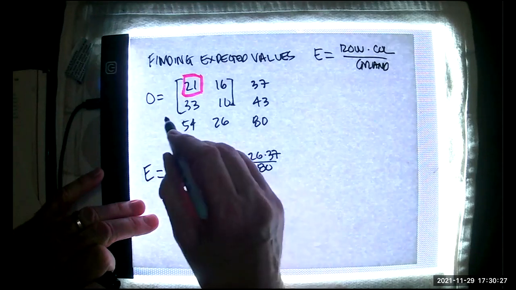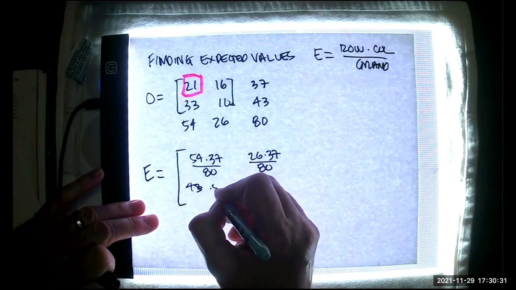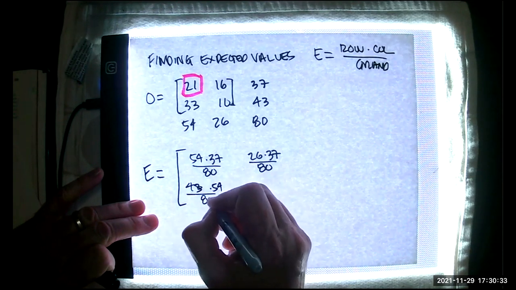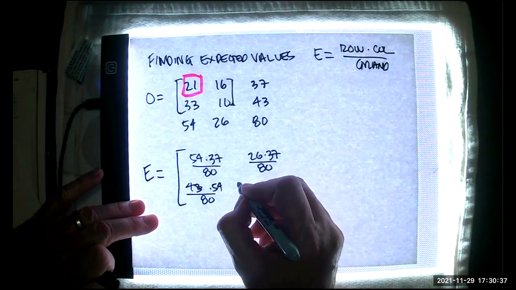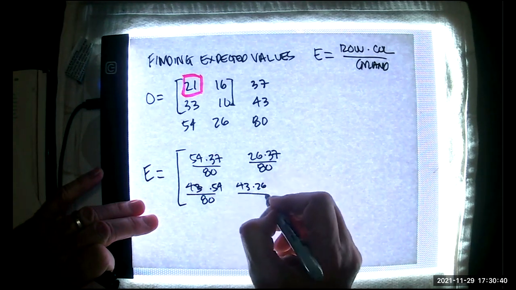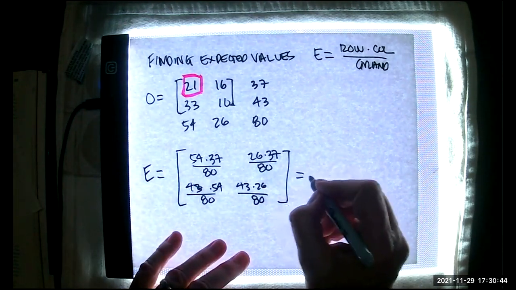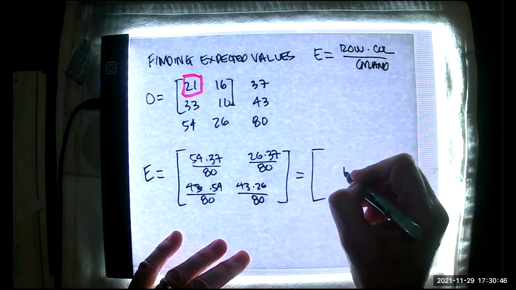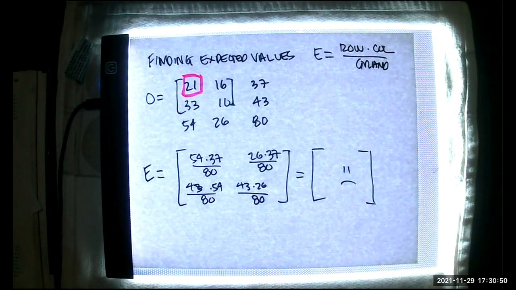Then it would be 43 times 54 divided by 80. And then for the last one, 43 times 26 all over 80. The calculations are not hard to make, but they are tedious. Let me just make one of them.